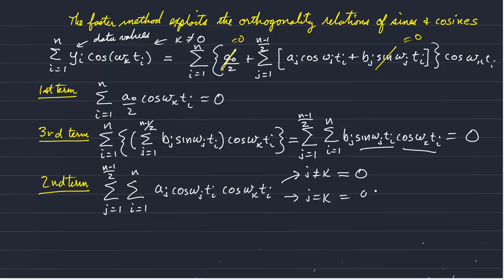And this gives ak n over 2, right? The sum of the product of two cosine functions with the same periods over the whole data record was n over 2, and we're multiplying by ak.